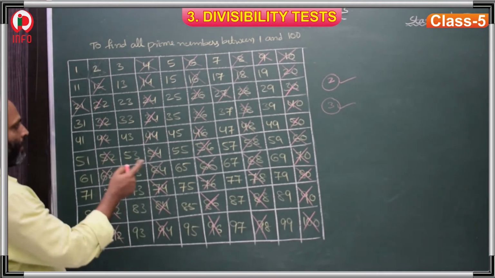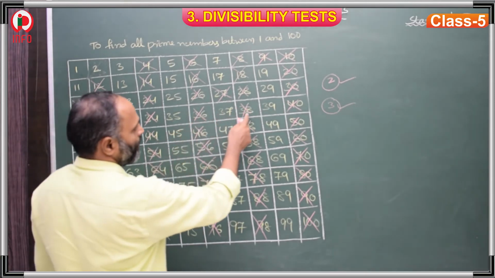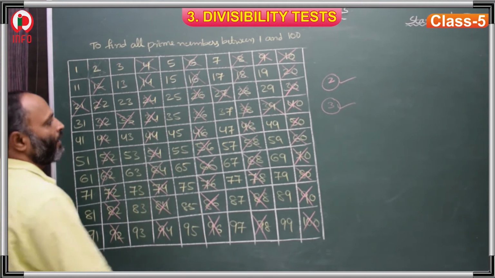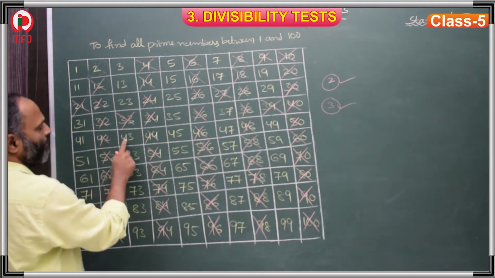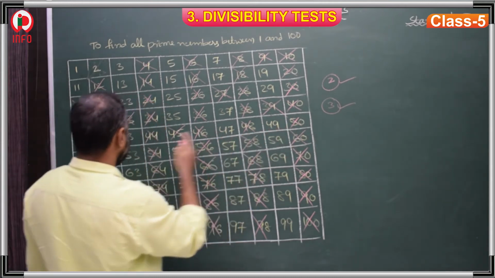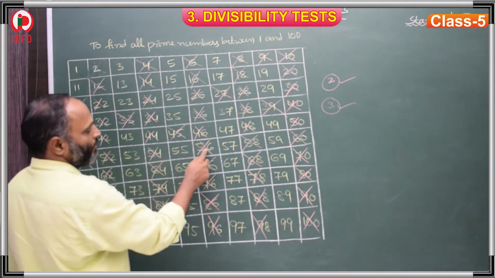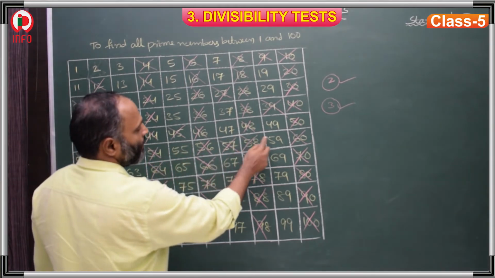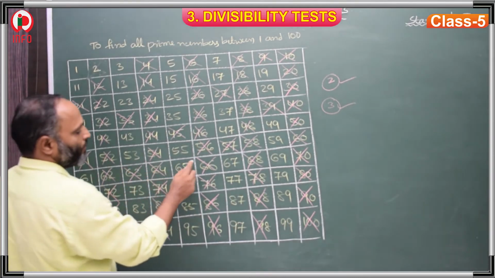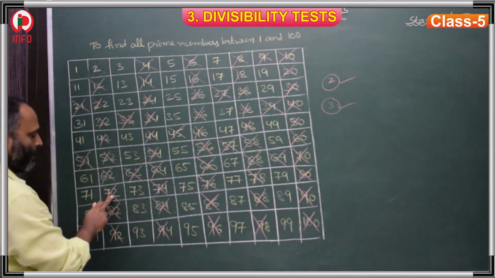Next, after 30, count 1 2 3, 1 2 3, 1 2 3. In the 3 table, it means every third number we have to check, and some are already cancelled.